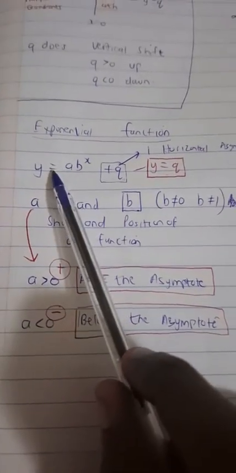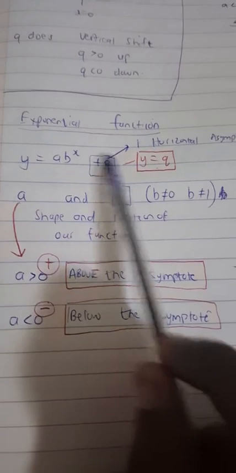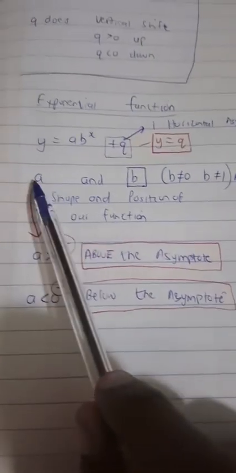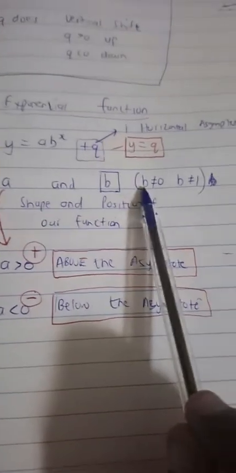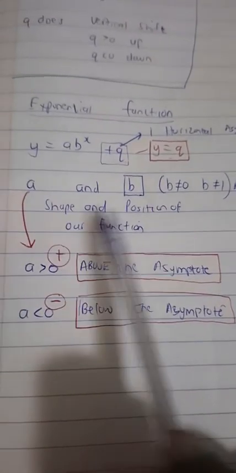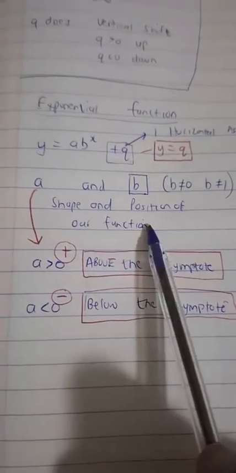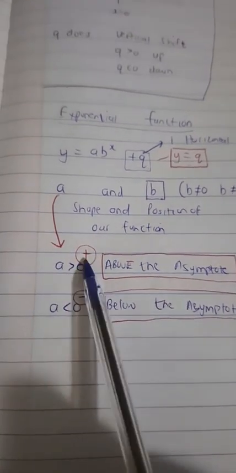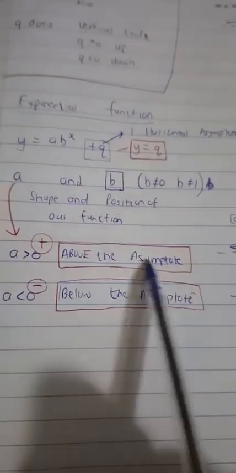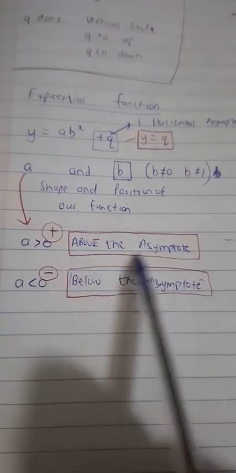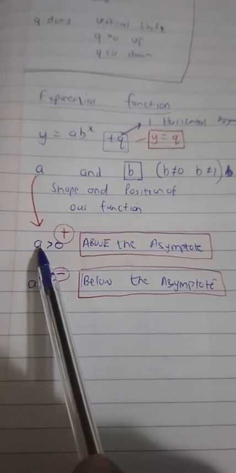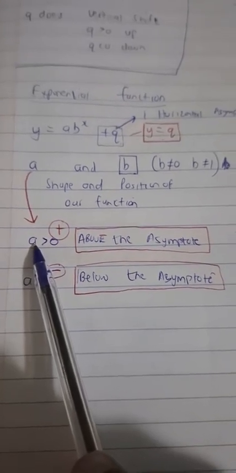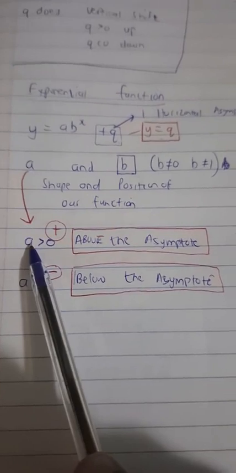If you remember very well, guys, when we did the exponential function y is equal to a b to the power x plus q, we spoke about how the a value and the b value together help us understand the shape and the position of our function. Remember, when a is greater than 0, the function is found above the asymptote. Our a value in this function g of x is 2, and it is greater than 0.